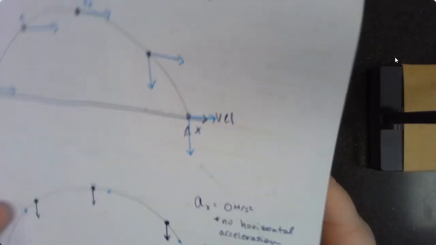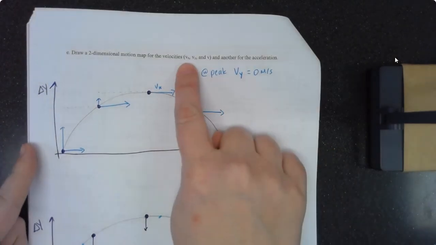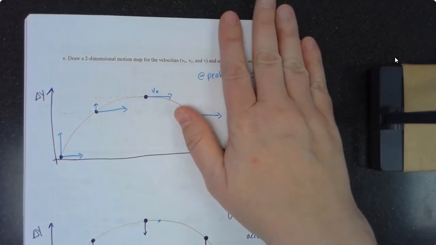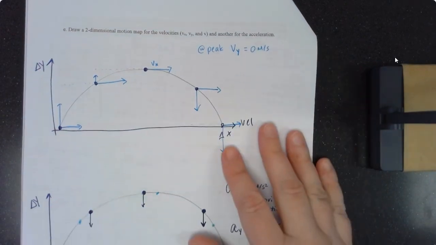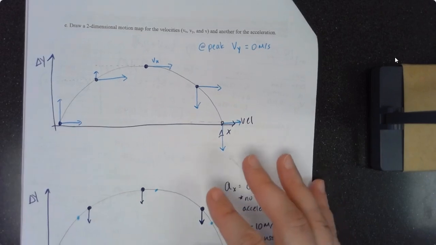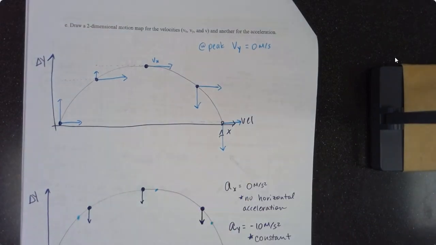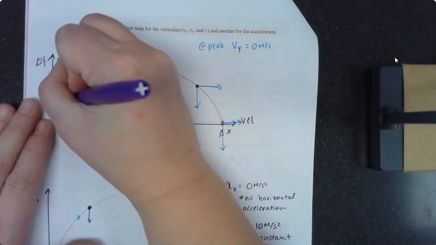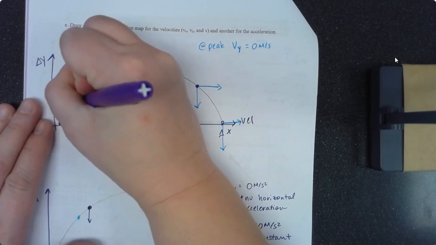For this one, it also mentions the overall velocity. So the overall velocity for these would be the sum of the two vectors for each point. And the way that you're going to want to do the sum is the same way. It's actually the reverse of us figuring out the components of a vector. You're going to add them together. And so what I would do if I were you, I would complete our rectangle.